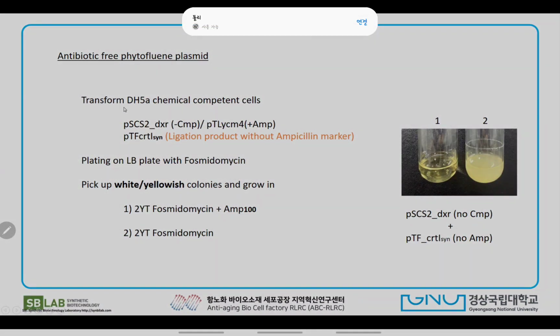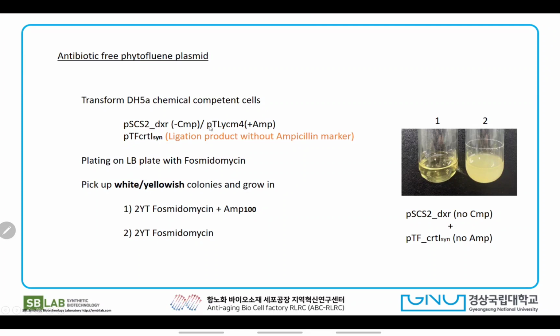So after that, our final aim is to make a phytofluin plasmid with antibiotic marker-free plasmid along with PSCS. This time, the extracted plasmid, chloramphenicol-negative PSCS with DXR, is mixed with PTLYCM4, ampicillin marker positive. We mix this with our last plasmid, the PT phytofluin CRTI SYN ligated product, in which we already removed the ampicillin marker during ligation.